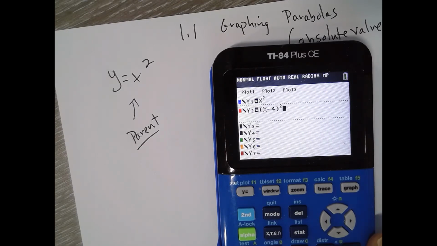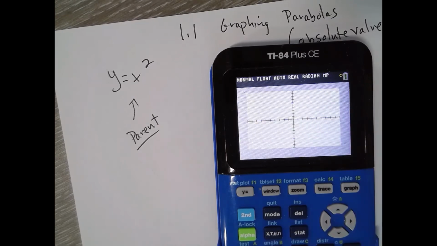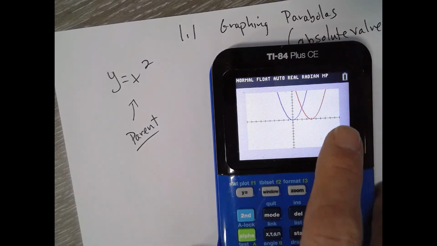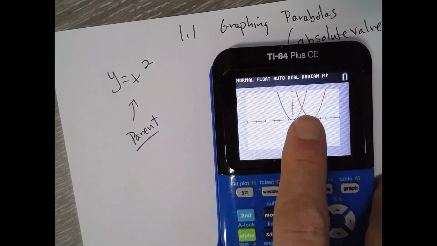So if we have x minus 4 in the parentheses squared, how's that going to impact my graph? Well, I still have my parent graph, and the x minus 4 actually moves it right 4. Now, if you thought about it, you probably were thinking the minus 4 is probably going to move it to the left, but it's the opposite. If there's a minus in the parentheses, it moves it to the right.